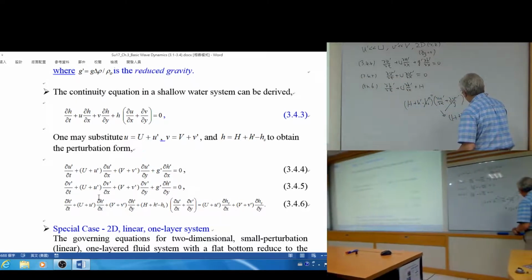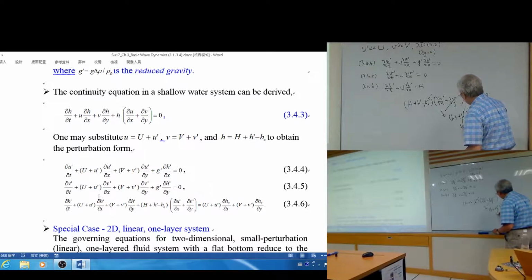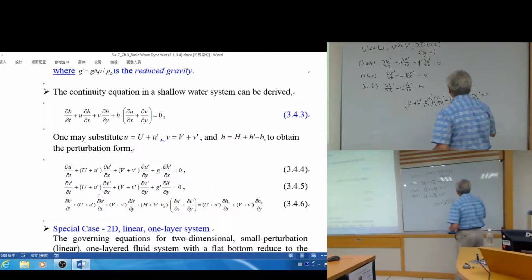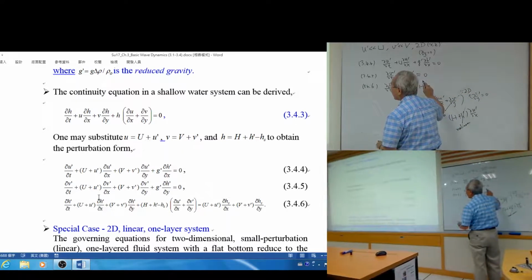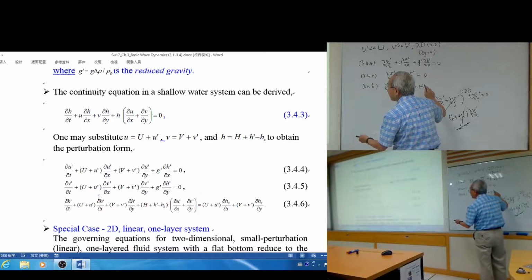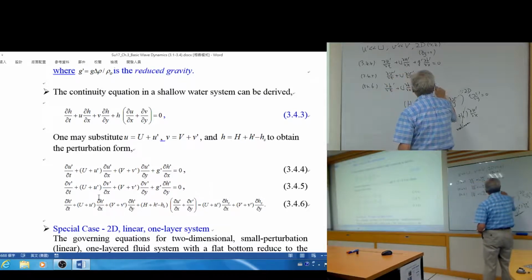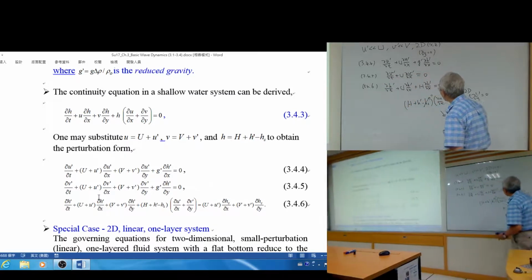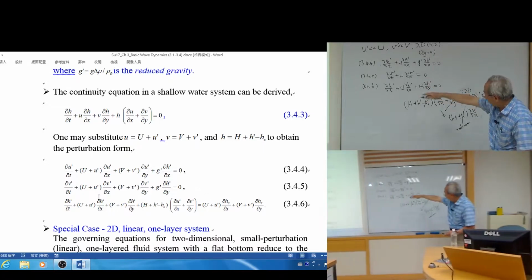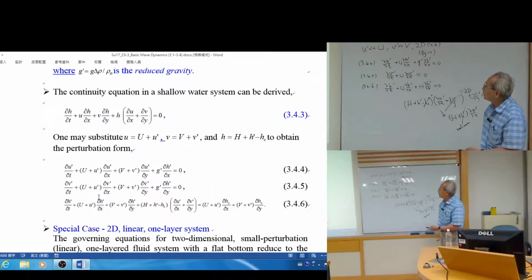But this is gone because it's a nonlinear term. Then the last one becomes very simple: this term becomes partial H prime, partial x, and then equals 0. So the three equations reduce to this if it's two-dimensional.